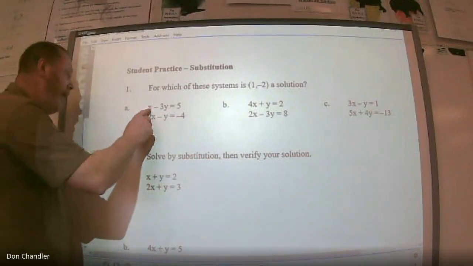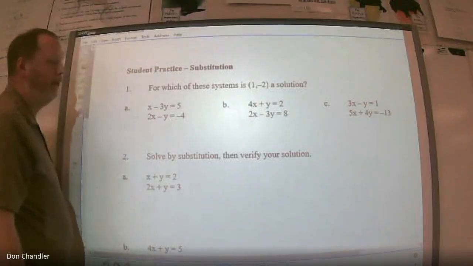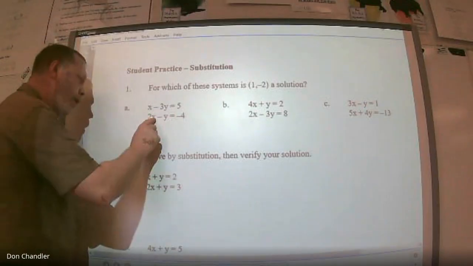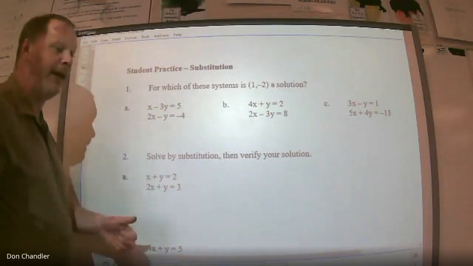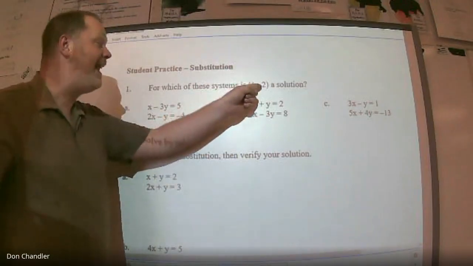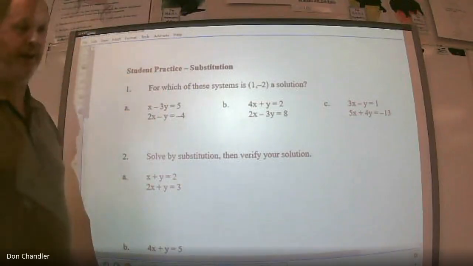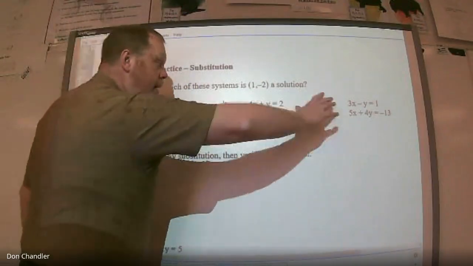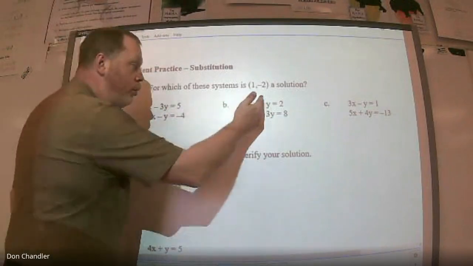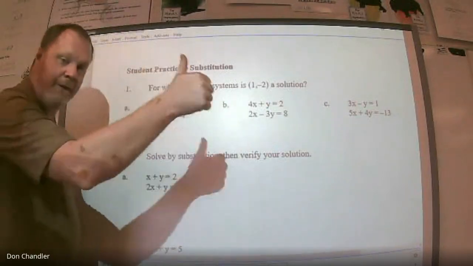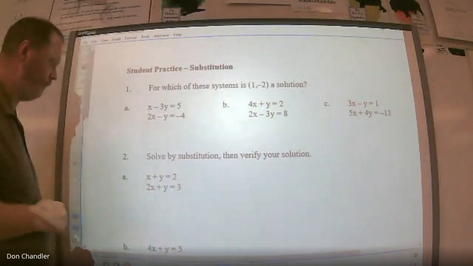Can you put 1 in for x, -2 in for y, and get the right-hand side solution? If yes, it is a solution. If no, you are not a solution. So the first 3 are simply putting 1 in for x, -2 in for y. Do you get it to work for both? If yes, you're a solution. If no, you're not a solution.